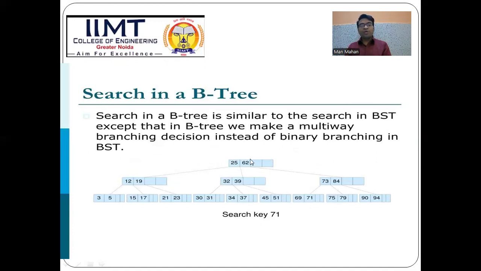So first of all we compare the 71 with the 25 and 62. 71 is greater than 62, so we search on the right-hand side. We take 73 and 84. 71 is less than 73, so we move to the left-hand side of the key value 73. So now we can find the 71 here.